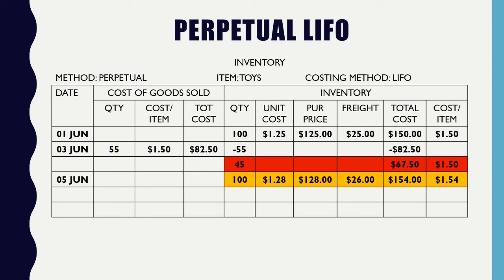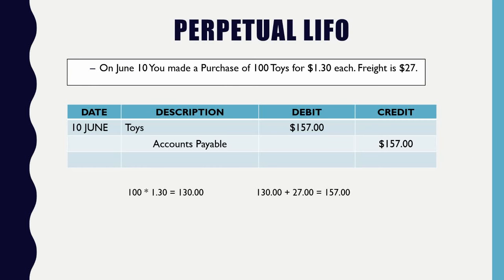Whatever we purchase last is what you're going to take from every time we sell our items. But in this case, I'm just recognizing that I purchased a new batch of inventory and made it yellow.